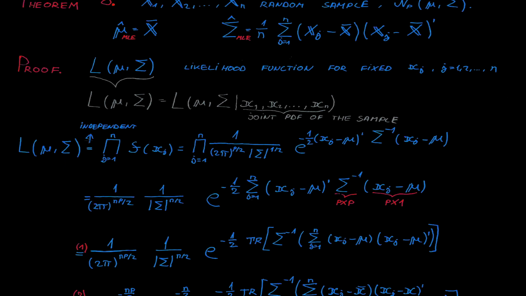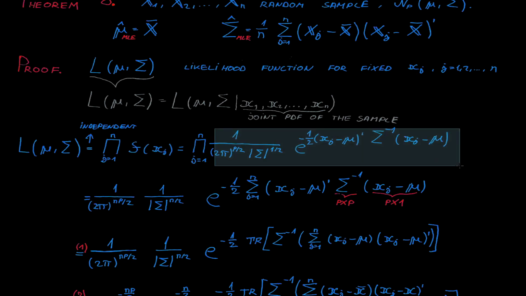This is why we will do a couple of steps. So first step is to write it as a product of marginals because we have a random sample, as I mentioned, so they're independent. Next equality follows just from the definition of multivariate normal distribution. What our definition says is that the probability density function is given exactly like this.